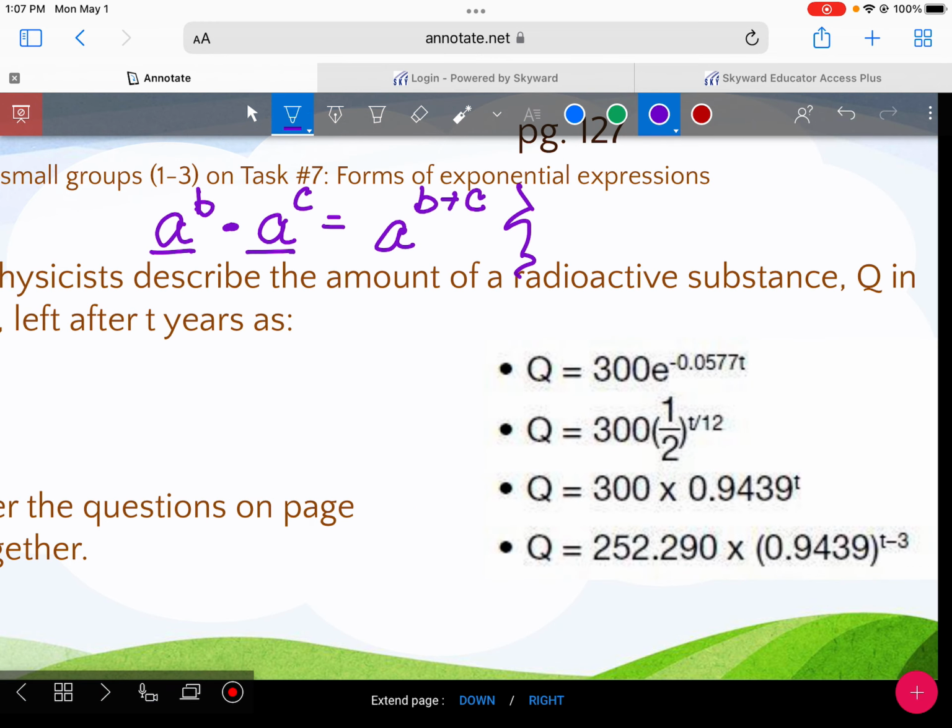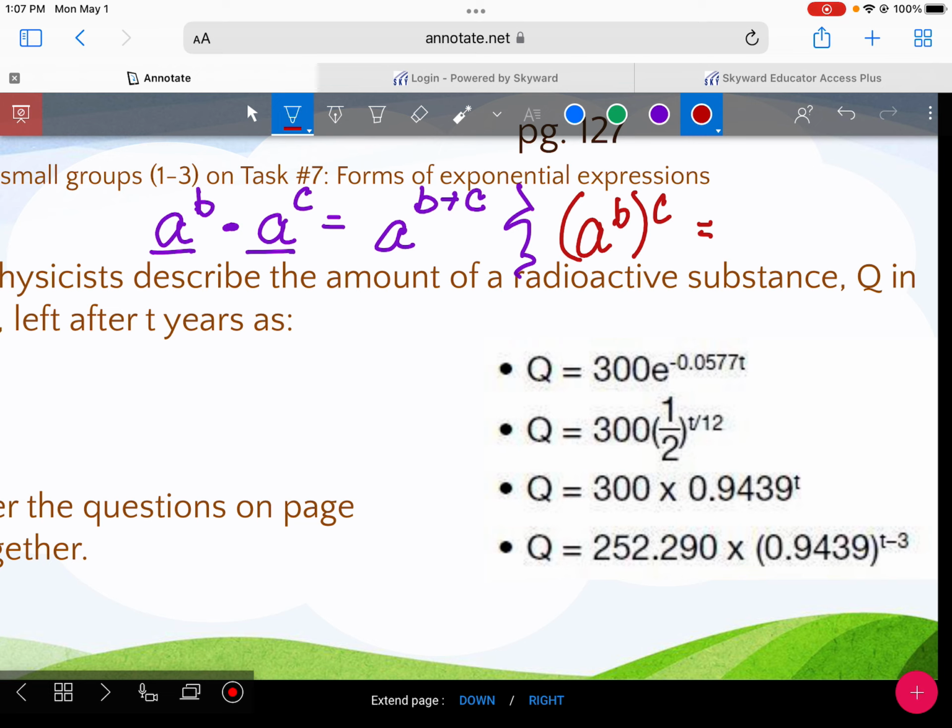The other one would be in the form of a to the b power and all of that taken to the c power. So a to the b power and all of that raised to the c power. Does anybody know what that would be? I know this is a long time ago.